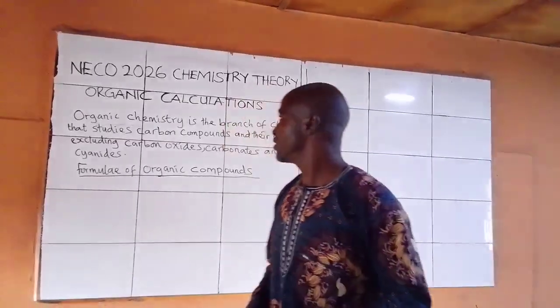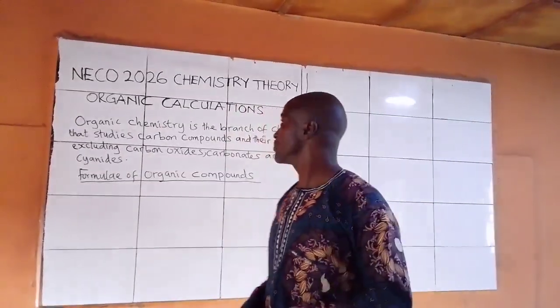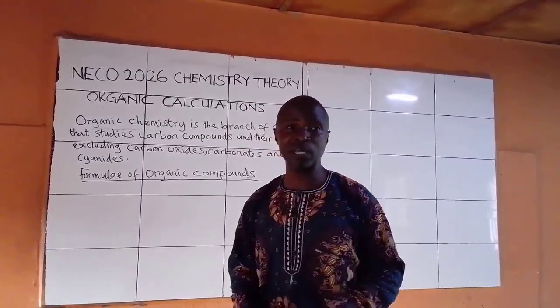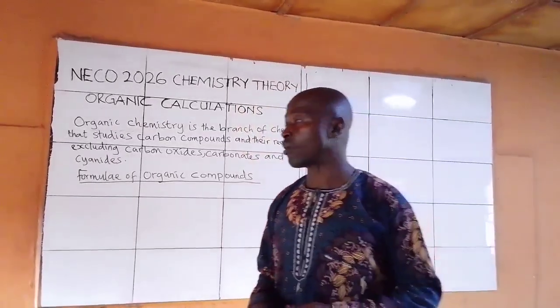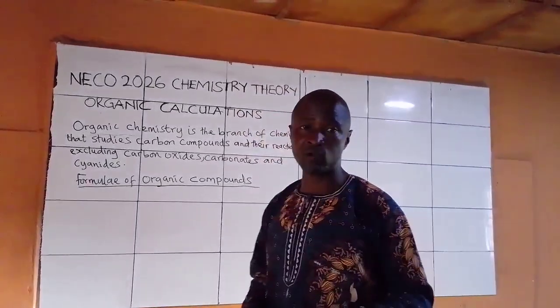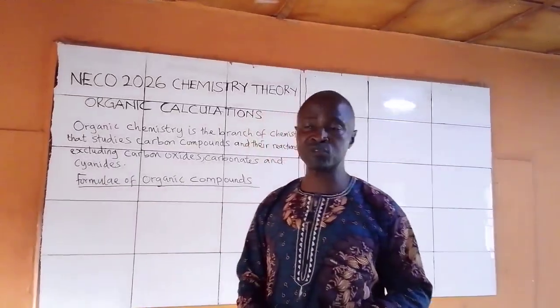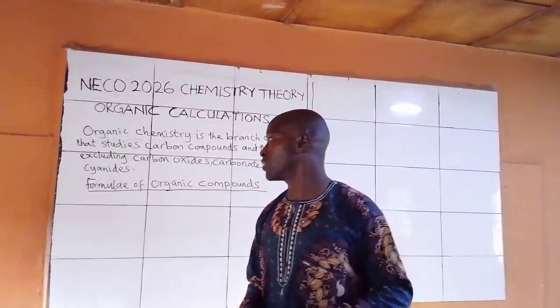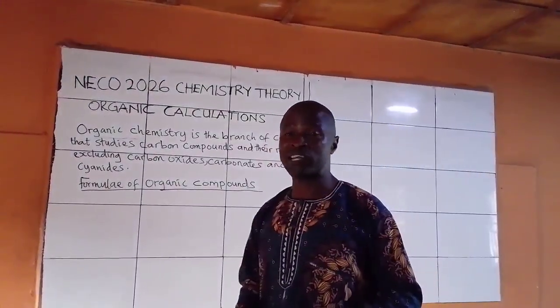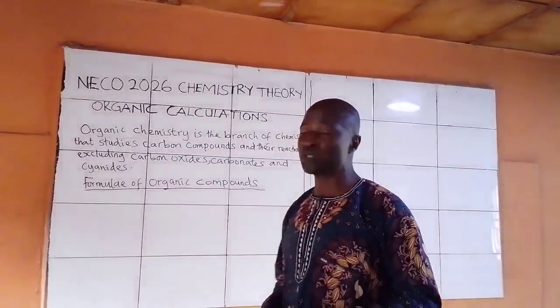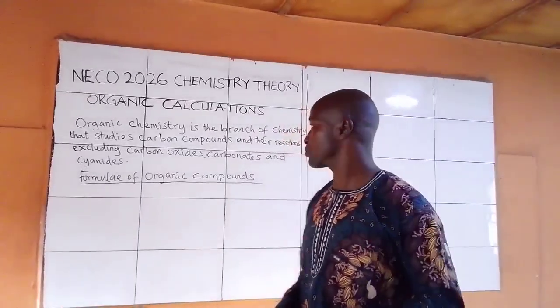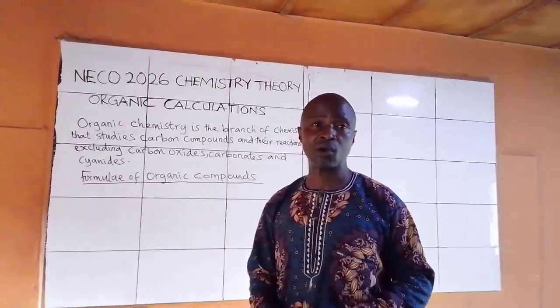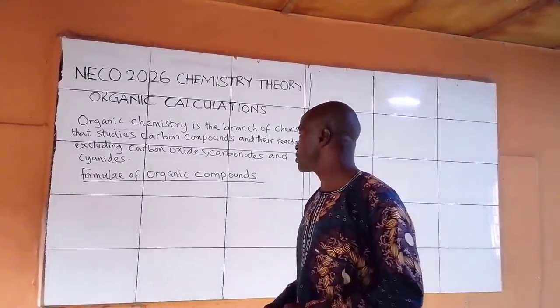At this moment, we'll be focusing on NECO 2026 chemistry theory, basically on organic calculations. Before we move to the calculations proper, there are some areas in which the definitions are to be given, starting with organic chemistry.